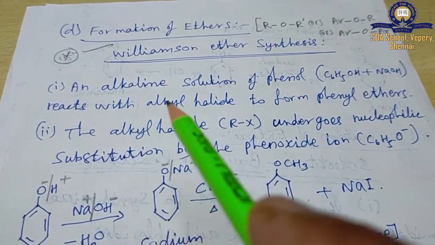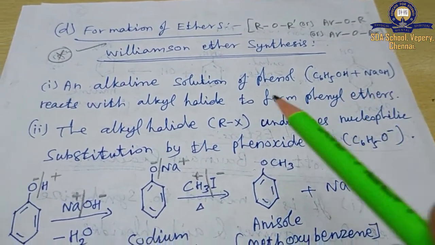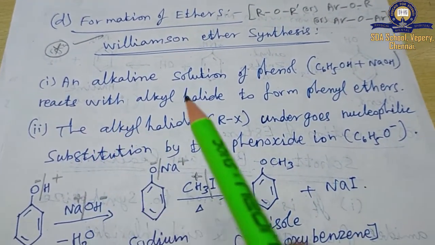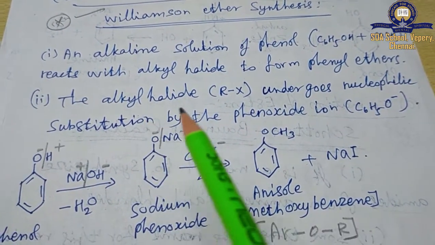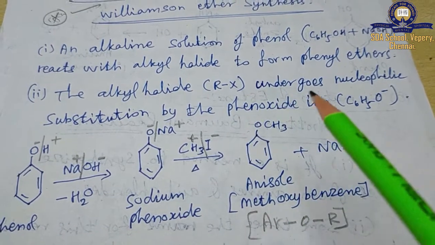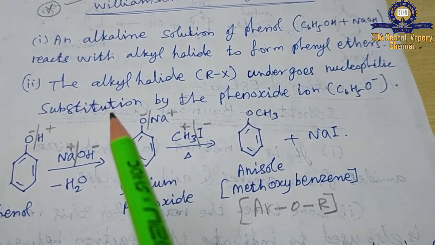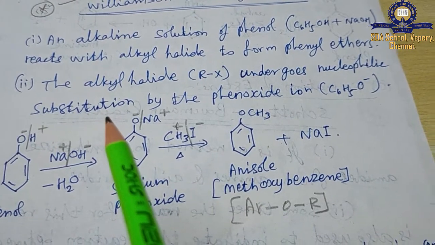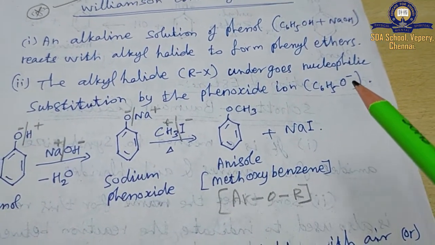In this, an alkaline solution of phenol, that means phenol with sodium hydroxide, reacts with alkyl halide to form phenyl ethers. The alkyl halide, that is RX, undergoes nucleophilic substitution. That means one nucleophile is replaced by another nucleophile. Nucleophilic substitution by the phenoxide ion, that is C6H5O-.